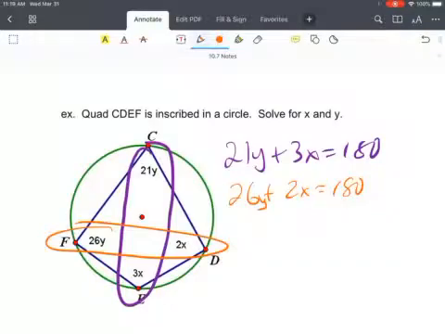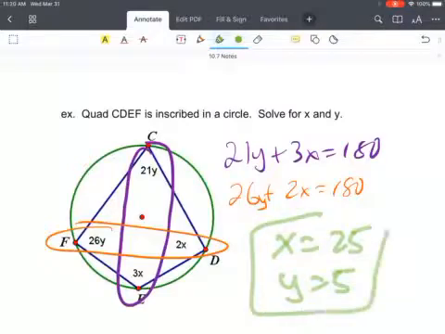We have 2 equations, 2 variables. It's a system of equations. So go ahead and pause that and solve for X and Y. When you do that, you should be able to get X equals 25 and Y equals 5.